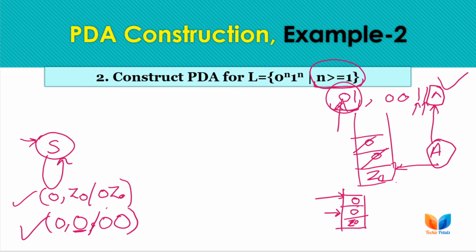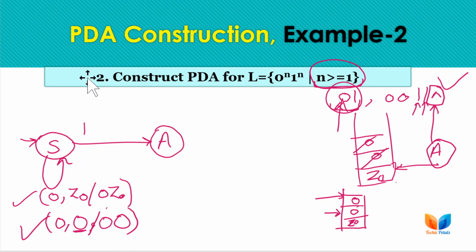Next, once we start getting 1, we have to change the state because we cannot mix push and pop operations here. So once we start getting 1 we need to change from the initial state to another state. Here we are, suppose, moving to state A, where we can perform the pop operation.